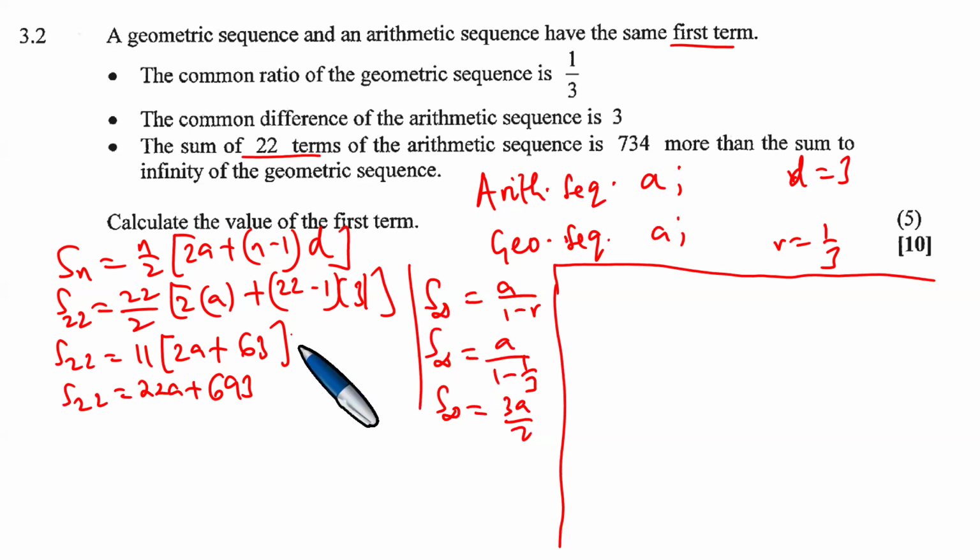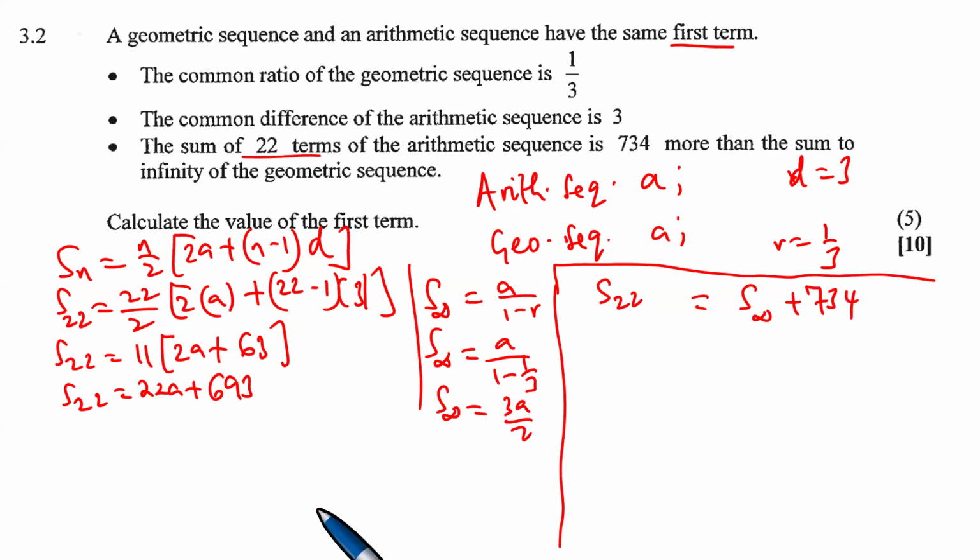Right, so now the sum of 22 terms of the arithmetic sequence is 734 more than the sum to infinity. So this one is bigger, and therefore you need to add the 734 on the smaller side.